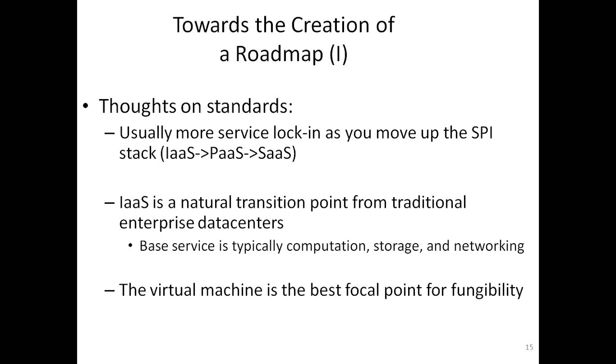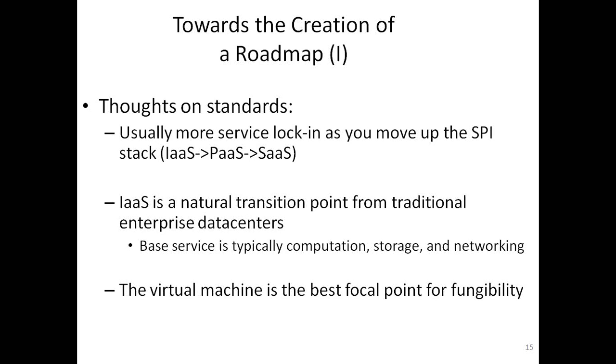Towards the creation of a roadmap, we have to start with infrastructure as a service as a natural focus point. PaaS and SaaS are difficult to standardize due to their proprietary nature. Platform and software could be looked at in the future once the infrastructure part has been standardized.